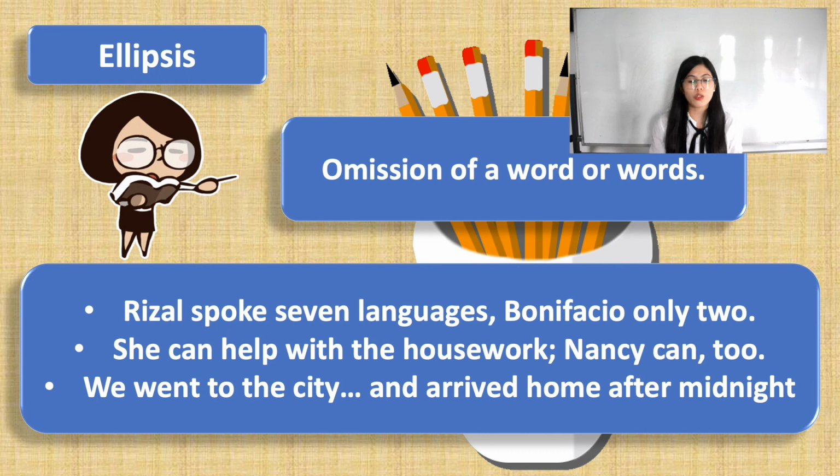If you're going to make the sentence in the complete form, we can say, she can help with the housework, Nancy can help with the housework too. Next example of ellipsis: we went to the city and arrived home after midnight. As you can see here, we have ellipsis. If you're going to complete this statement, we can say, we went to the city, shopped, ate lunch, and arrived home after midnight.